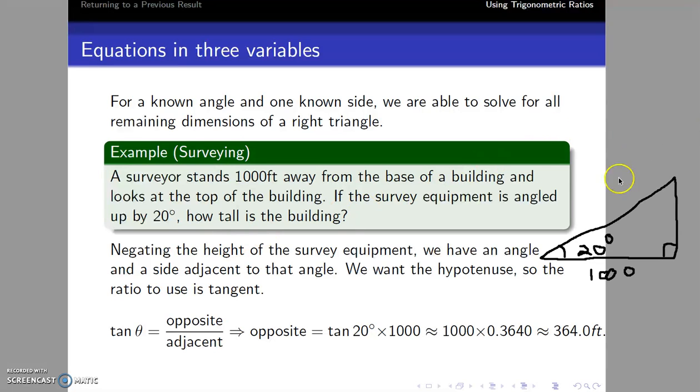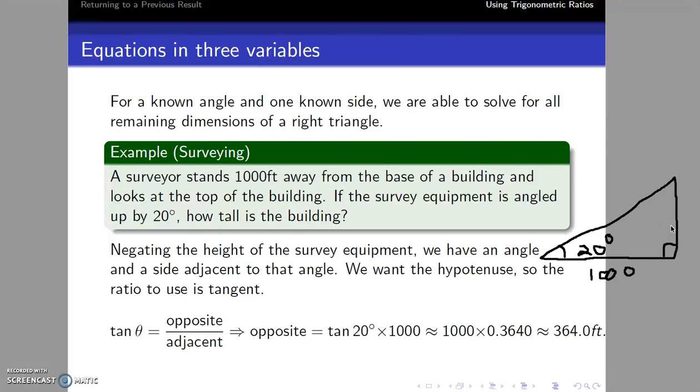So pictorially, I would represent that using this beautifully, immaculately drawn triangle here, right? So some point is 1,000 feet away from the base of the building, and assuming the building is vertical and not, say, the Leaning Tower of Pisa or other such buildings, that makes a perfect right angle with the ground, I need to know this height.